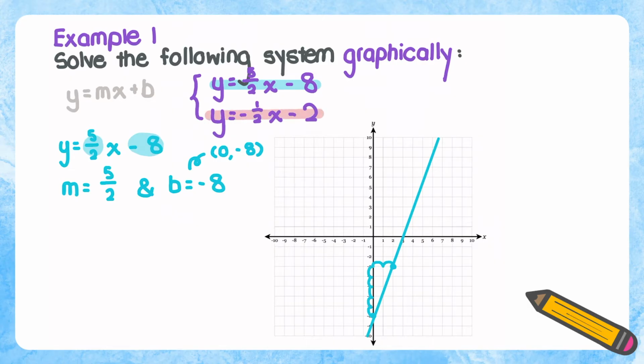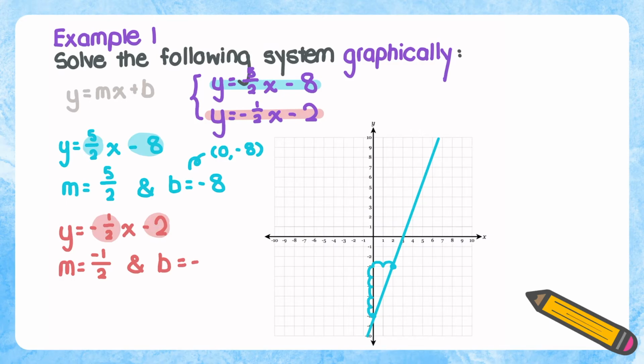So we have to graph both lines to see where they intersect. Our second equation is y equals negative 1/2 times x minus 2. Our slope, m, equals negative 1/2. And then our b value is negative 2.